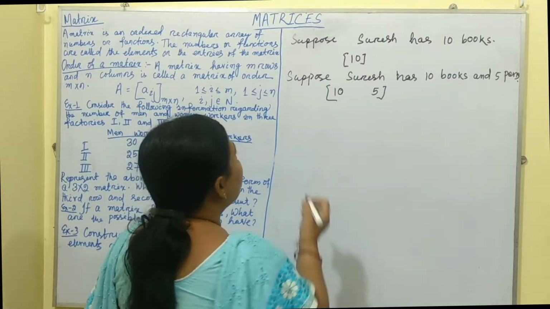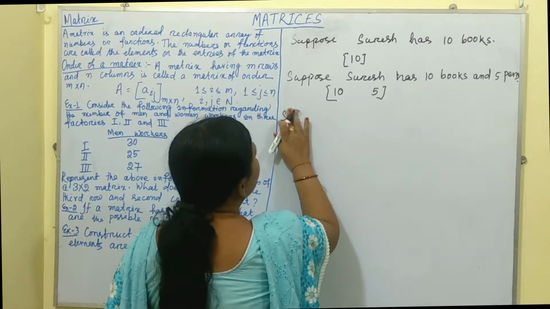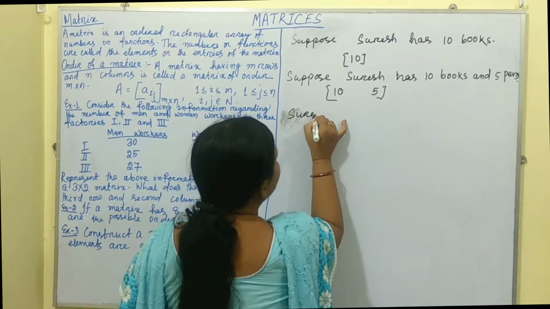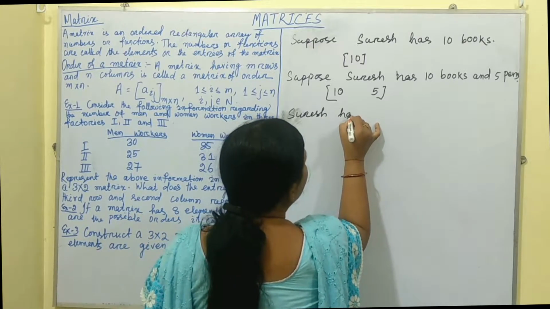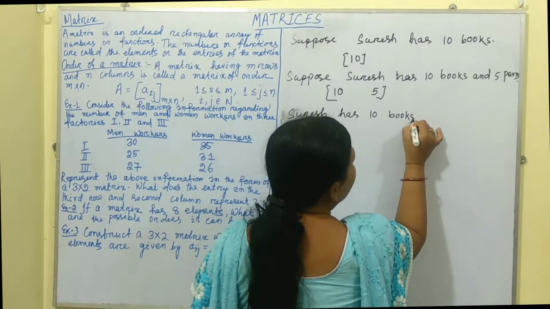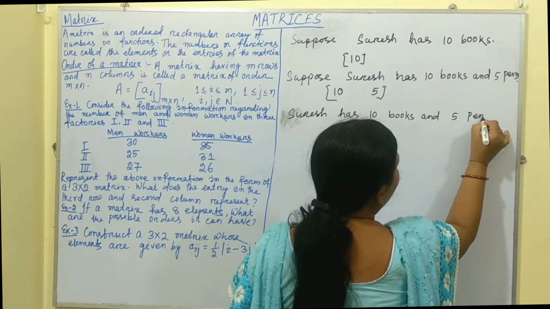Let us come to another example. Suppose Suresh has 10 books and 5 pens.